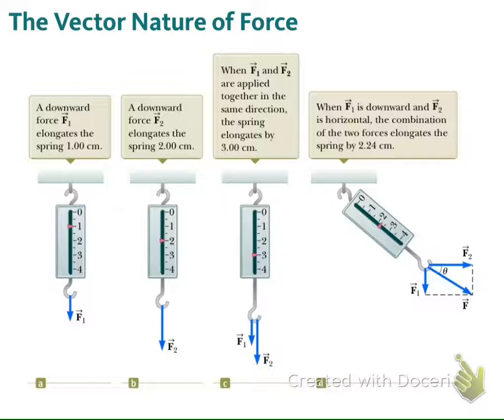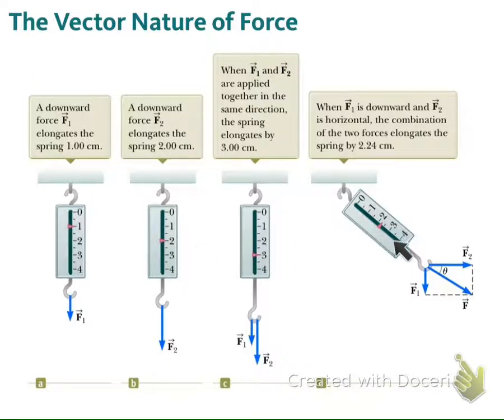For example, if you have a spring balance here, and you exert the force F1, then you exert the other force F2 to the spring. If you exert F1 and F2 together, and if the forces F1 and F2 point in the same direction, you can add the magnitudes of F1 and F2 together, like in this picture.